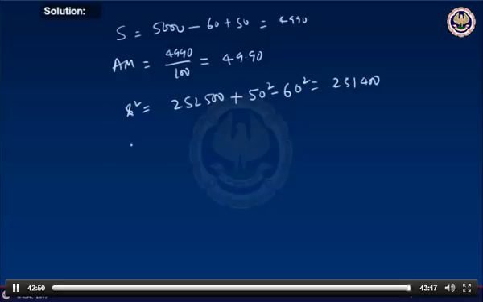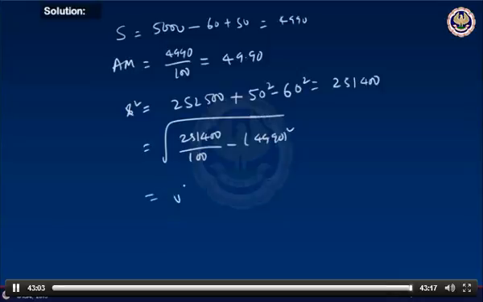The corrected SD is the square root of 2,51,400 by 100 minus 49.90 square, which is equal to the square root of 45.99, which is 6.78. After replacing with the corrected observation, the standard deviation is 6.78.